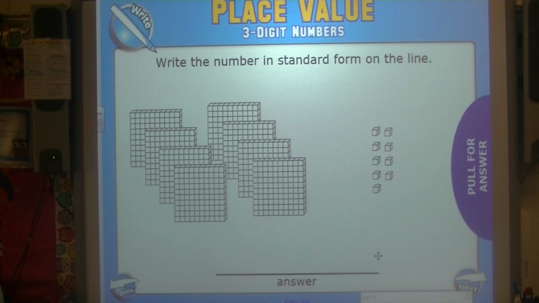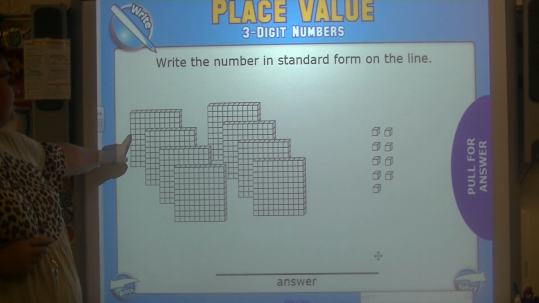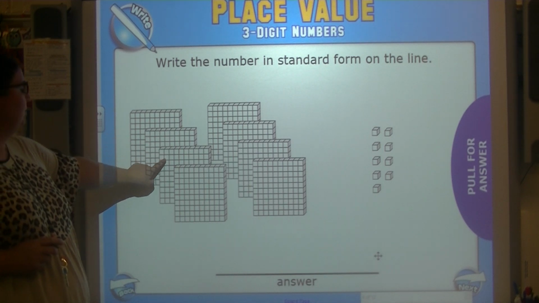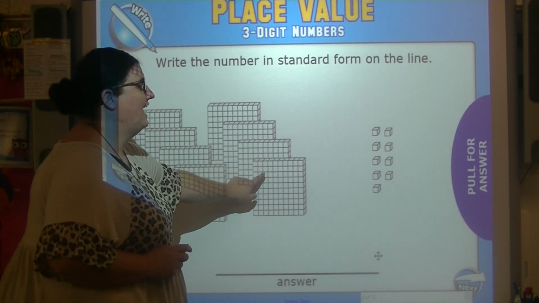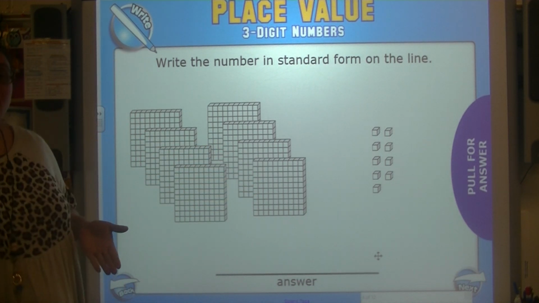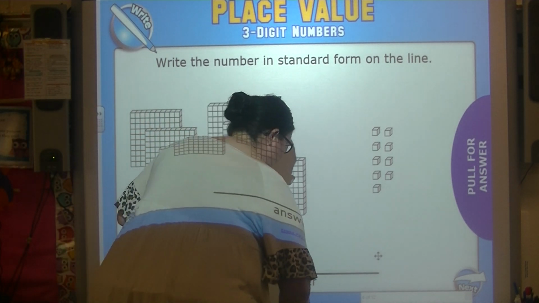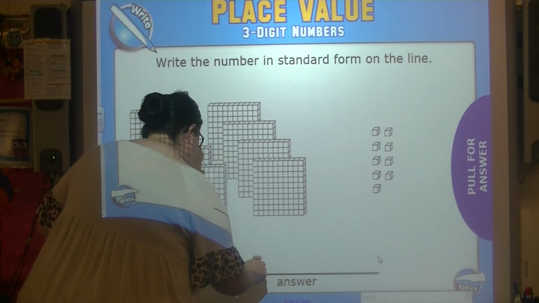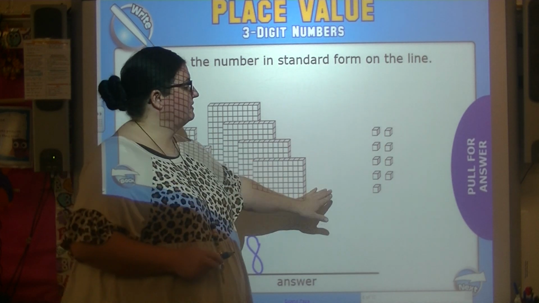Let's try the next one. Let's count our hundreds. 1, 2, 3, 4, 5, 6, 7, 8. There are 8 groups of 100, or 800 total. So we put an 8 in the hundreds place. How many tall tens?